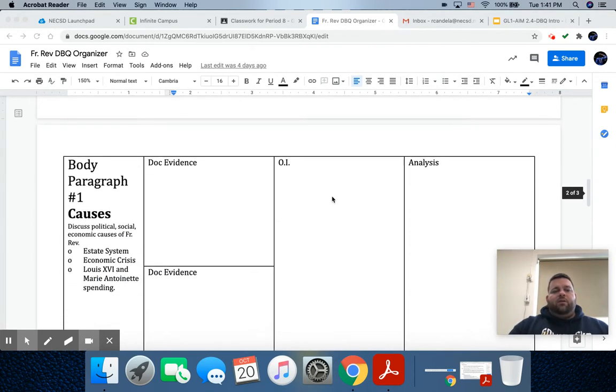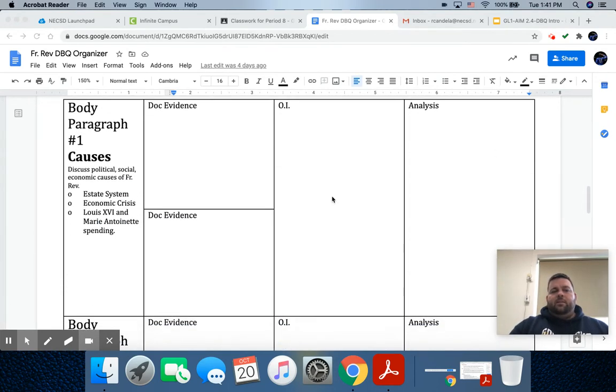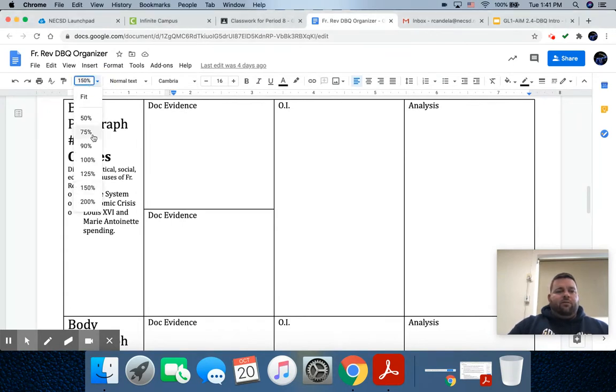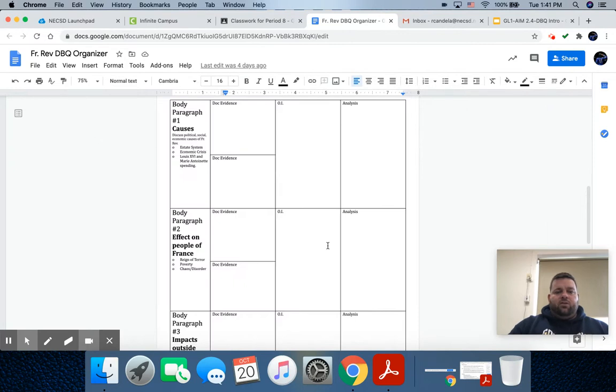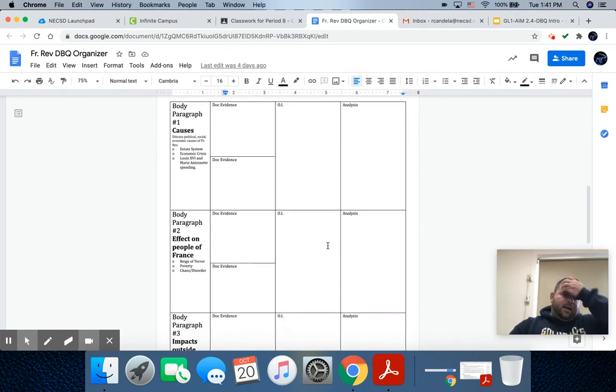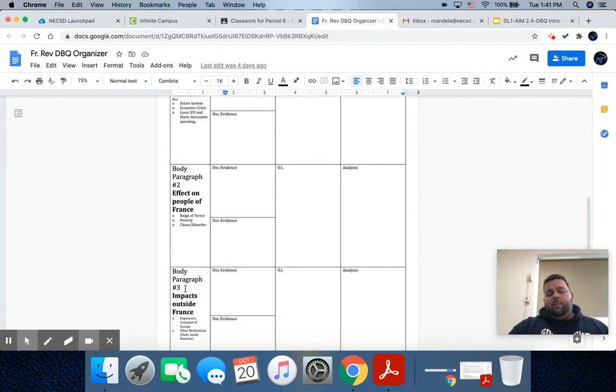The next part is the body paragraphs, and I'm going to zoom out so you get an idea of what the total page looks like. There are 3 body paragraphs, so we've separated this part into 3 boxes: body paragraph 1, body paragraph 2, and body paragraph 3.